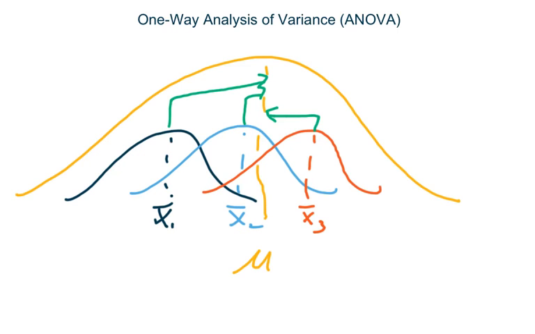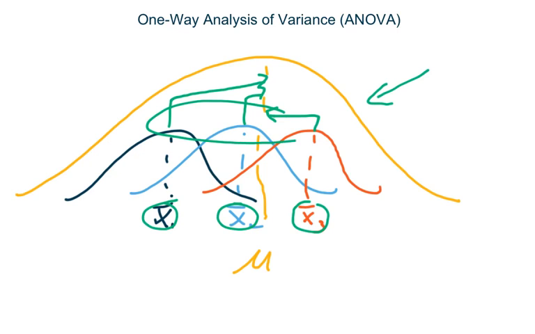So if the null hypothesis is true, and all three of these groups came from this population, then this variability, or differences from the mean, if you remember the definition of a variance is the squared difference from the mean, is just due to sampling error.